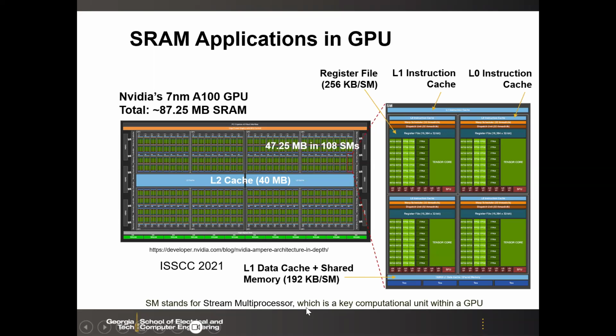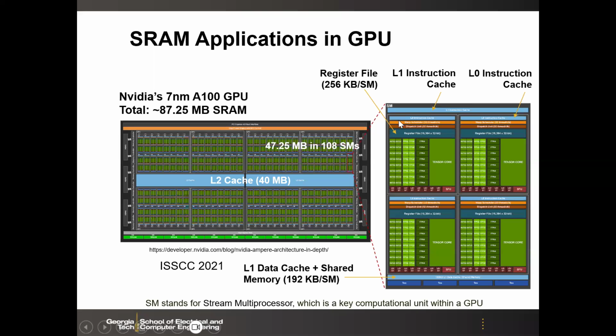NVIDIA calls it an SM, which stands for Streaming Multiprocessor. Basically, it's a key computational unit within a GPU. You can think of it as a small core. In total, it has hundreds of those small cores, and here, yes, 108 of them.